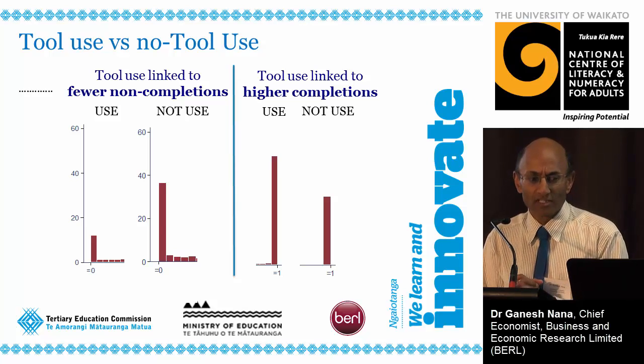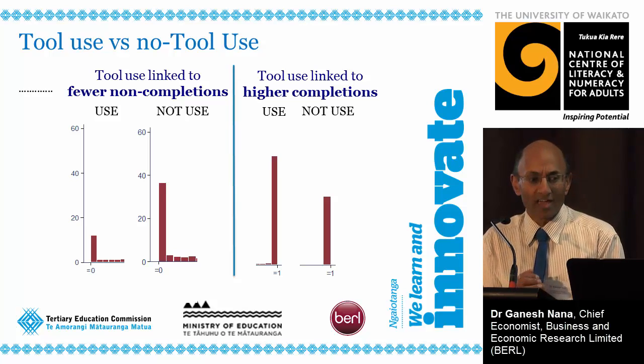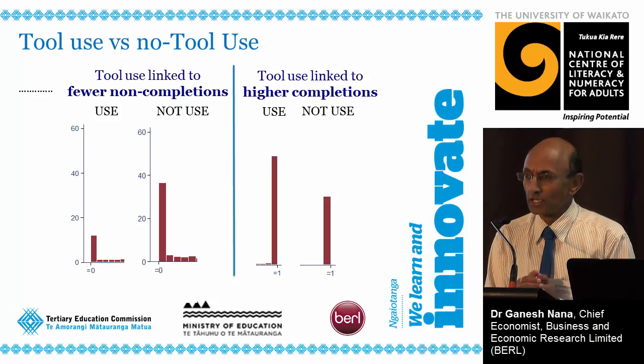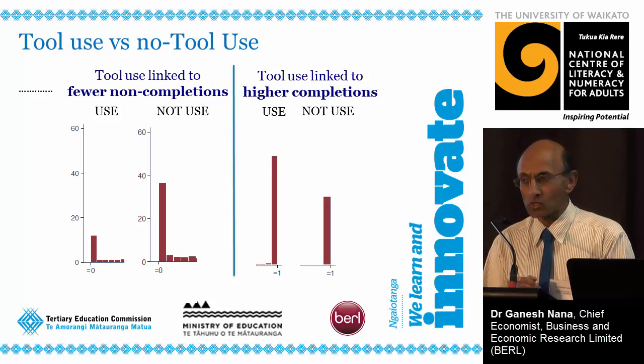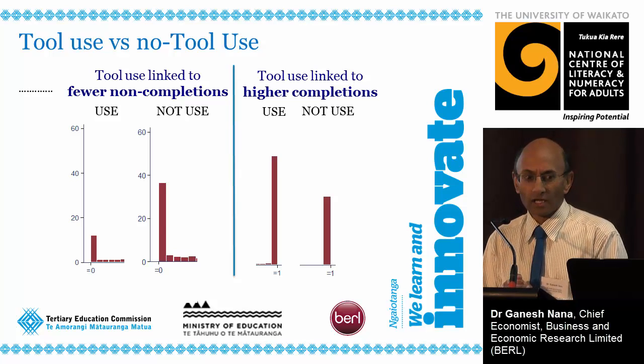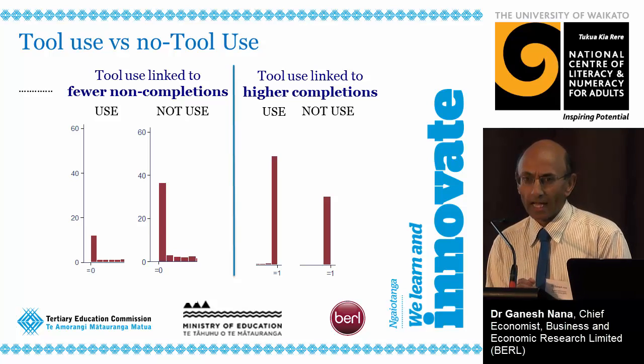Both of the vertical axes are percentages. What you have is a relatively low percentage in terms of the group that used the tool and a relatively higher percentage in terms of the group that didn't use the tool. And on the right-hand side, you've got the observations that were towards the fully completed course performance, or course student performance.